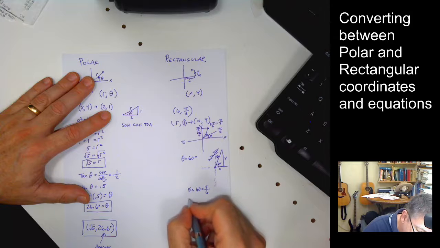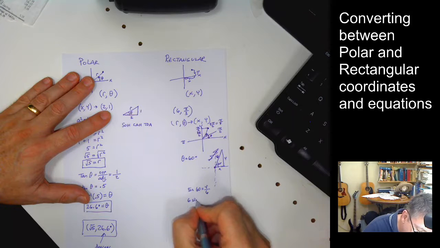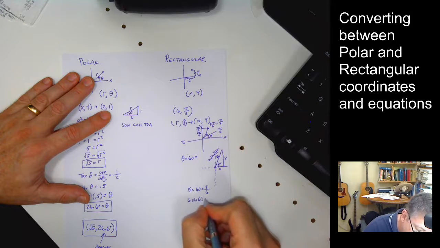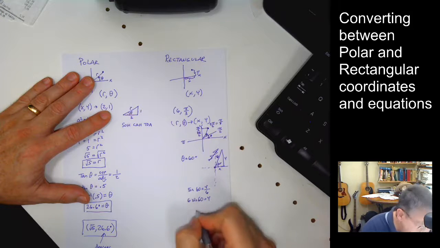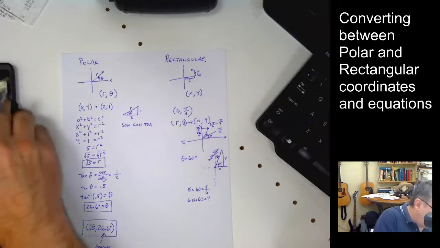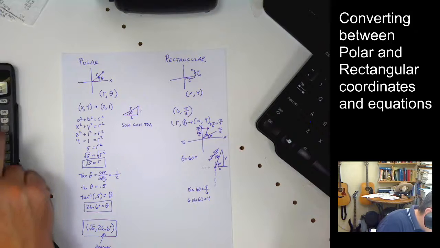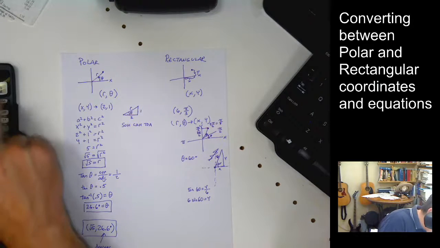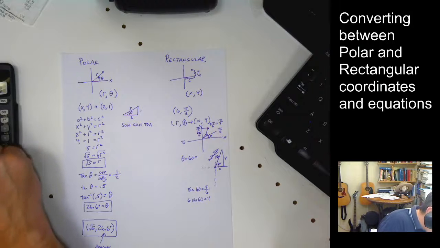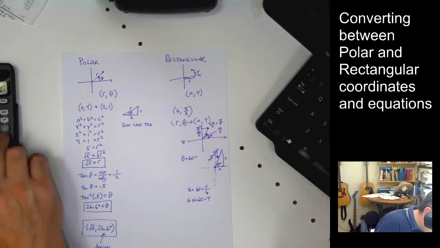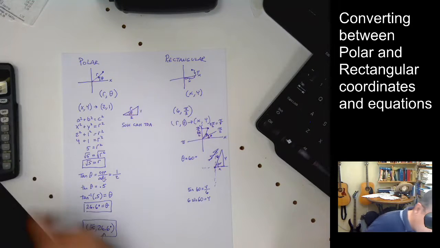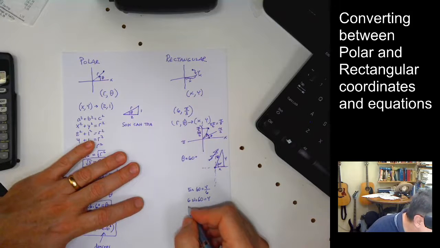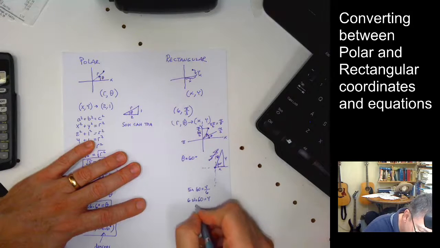So 6 sine of 60 equals y. So what is 6 times the sine of 60, right? So that y is going to equal roughly 5.2.